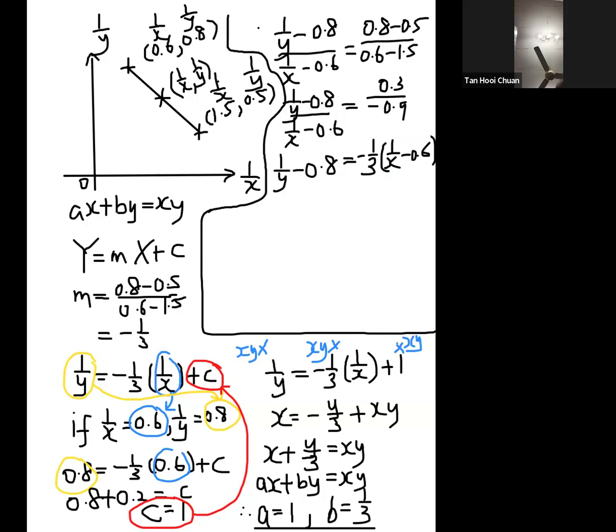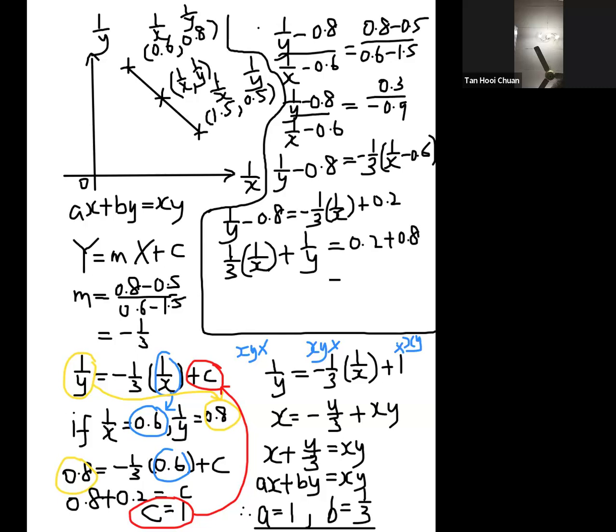So later, plus 0.2. So later, 1 over 3 x plus 1 over y equal to 0.2 plus 0.8. Of course, here's 1.